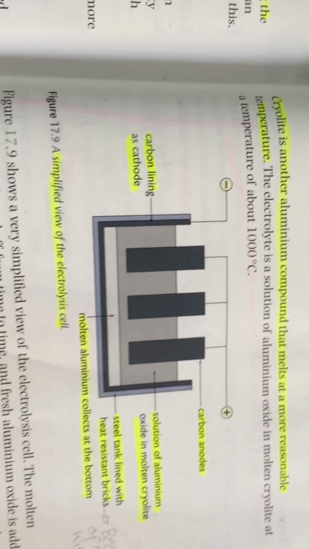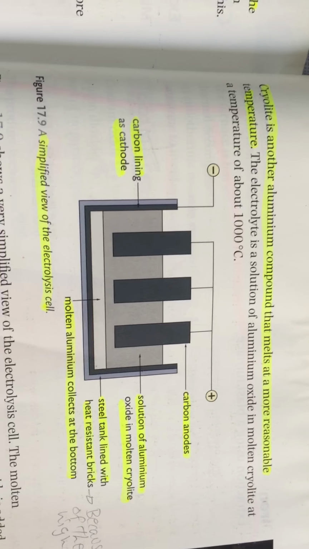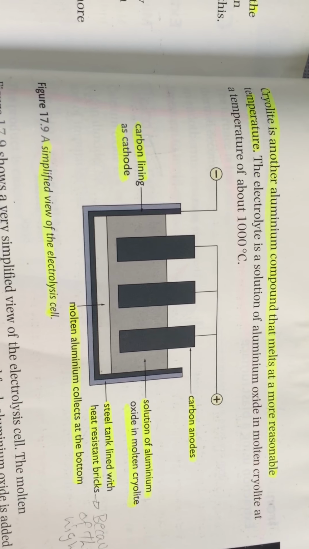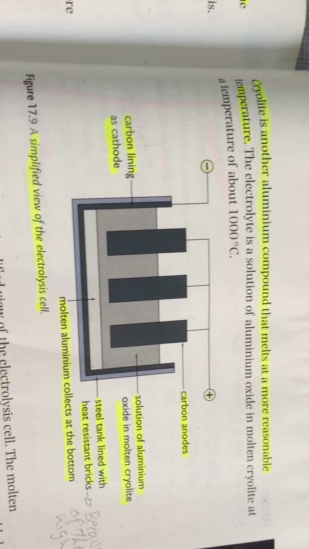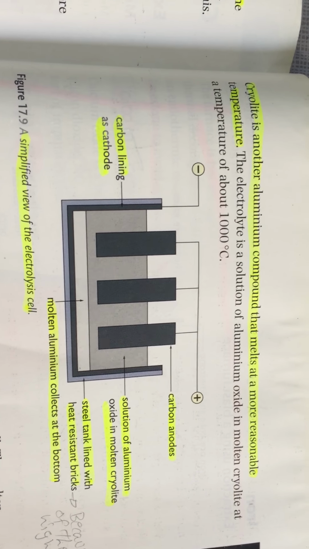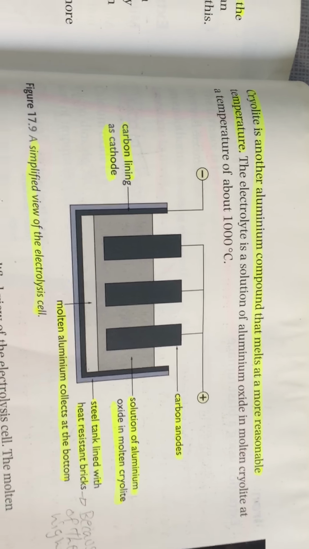It is important to know how you can label the electrolysis cell for extracting aluminium, and also in the case of iron, the blast furnace. Maybe you will find one of them in your exam to label the cell.